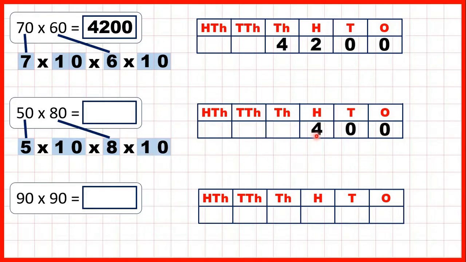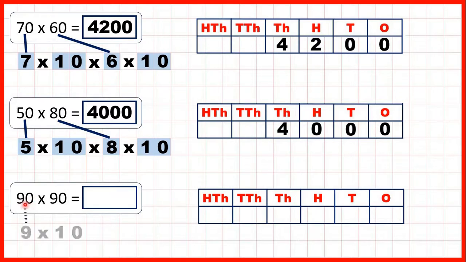So again, we need to move the digits 1 square to the left and write a 0 in our empty ones column. So that's why our answer is 4,000. 5 times 8 is 40, but then we needed to twice move the digits to the left and write a 0, and that's why we have 2 zeros after the 40.